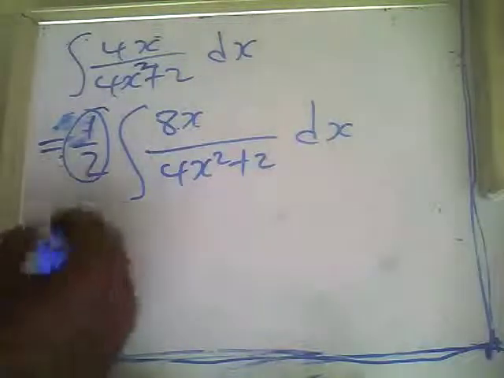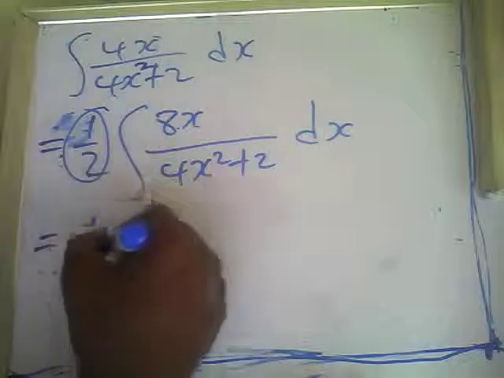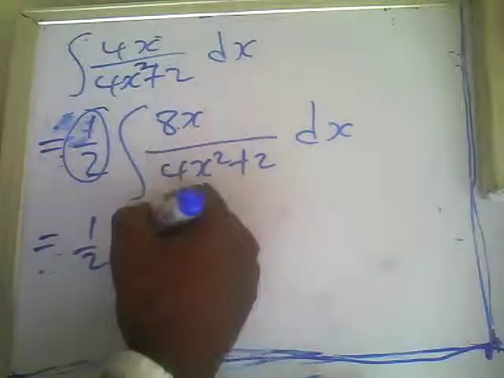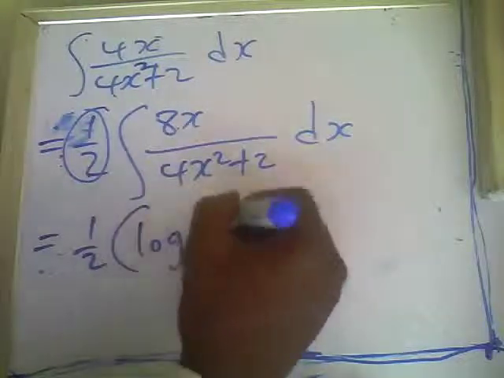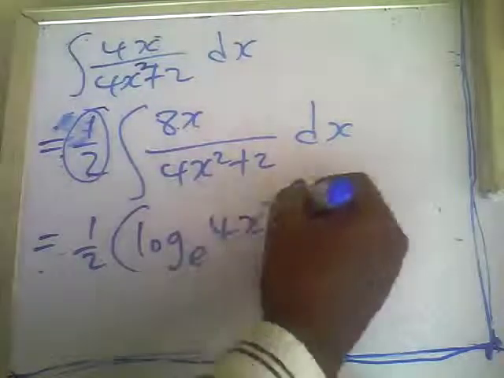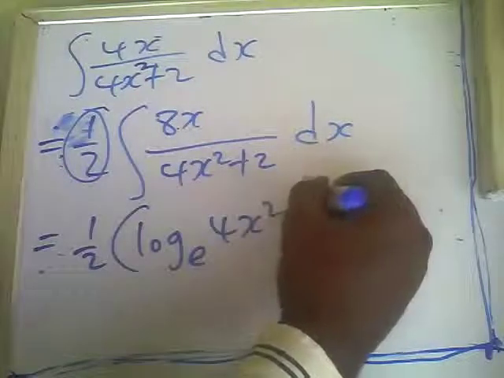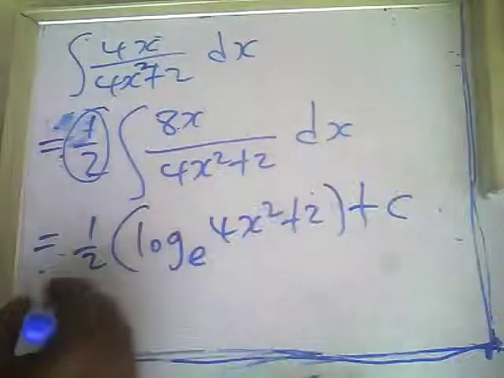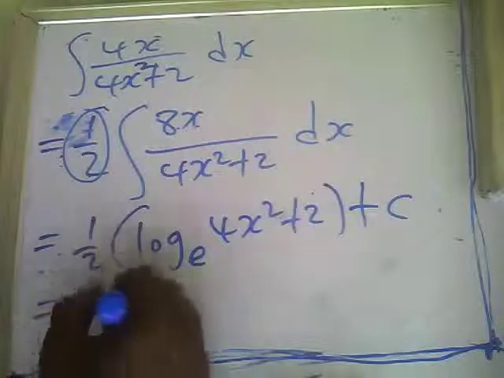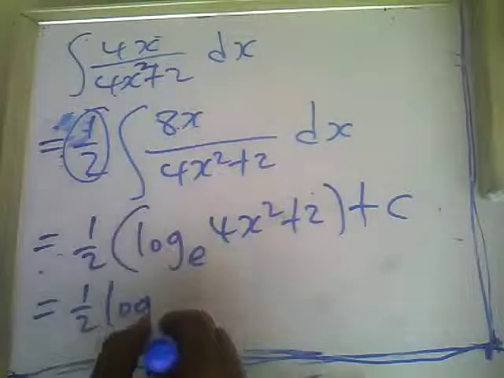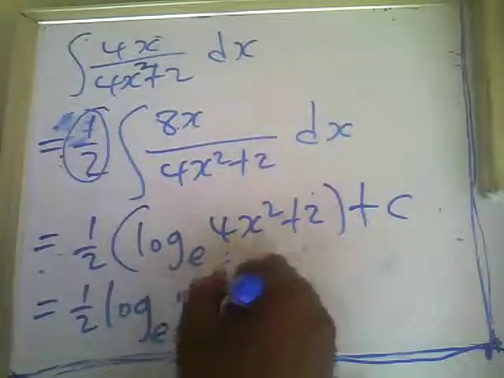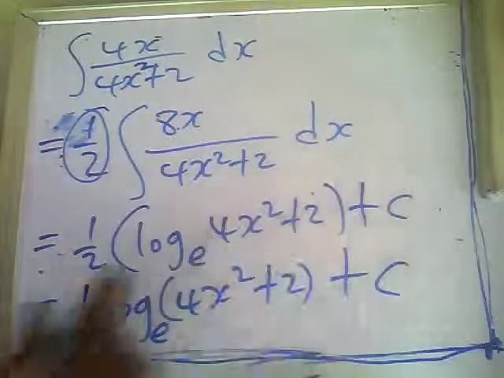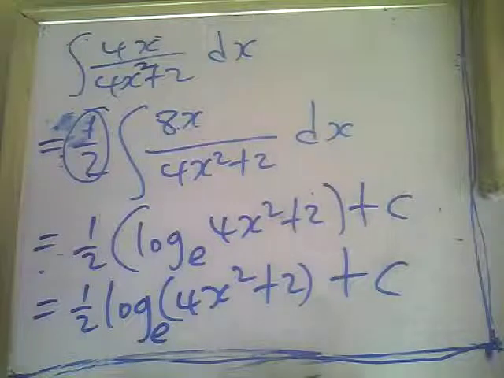When we integrate this one, our answer is going to be half times the natural log of 4x squared plus 2, then plus c. Always remember to add the constant.